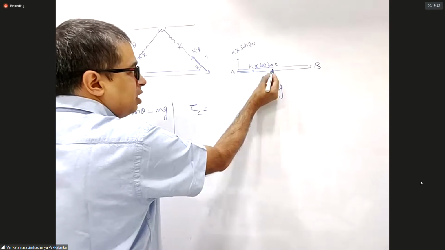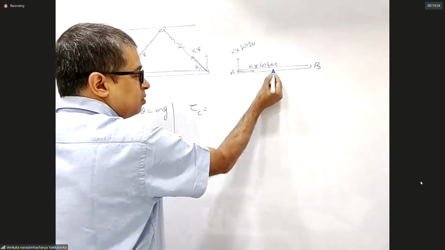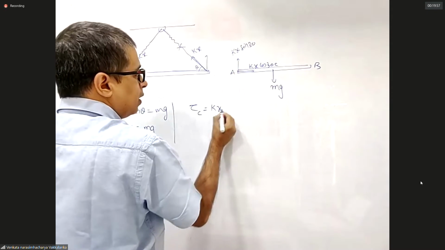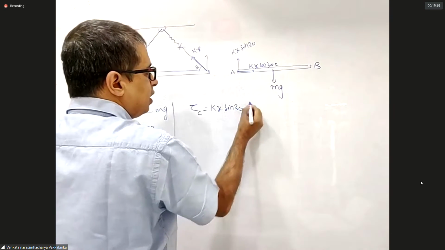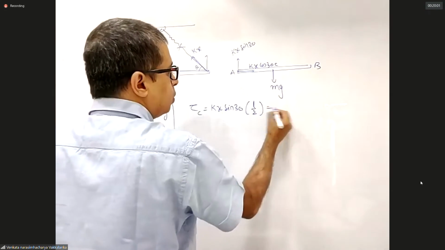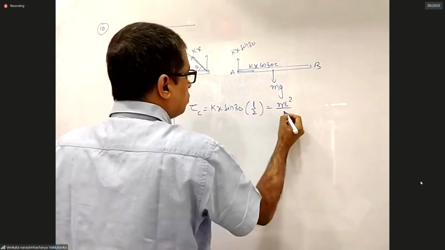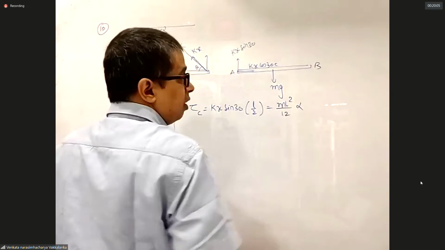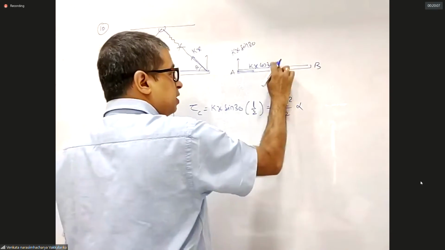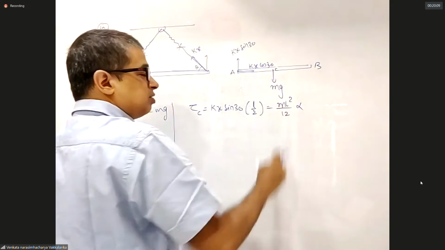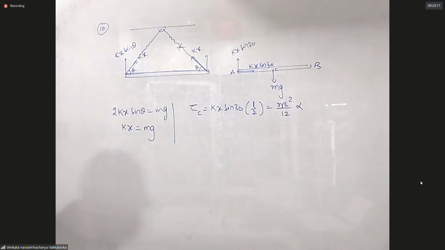Kx cos 30 is passing through the center of mass, mg is passing through the center of mass. Kx sin 30 into L by 2 is equal to ml square by 12 into alpha. Torque about the center of mass is ml square by 12.